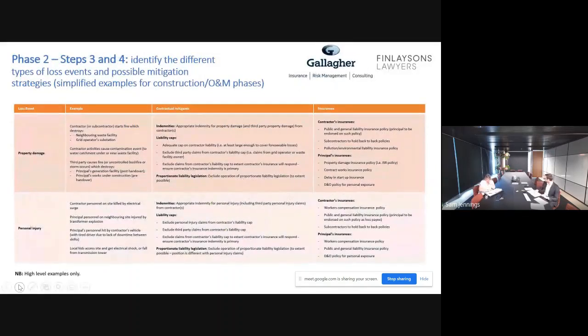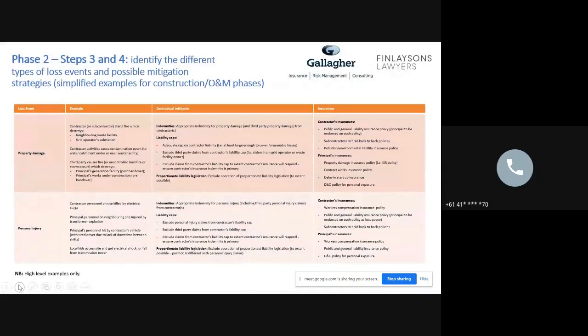Yeah, thanks, Sam. Look, I can't see the slides there, but Lauren, assuming that you've now got that spreadsheet titled Phase 2, Steps 3 and 4.